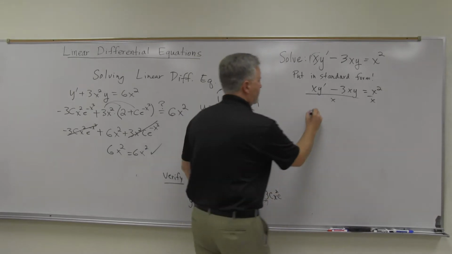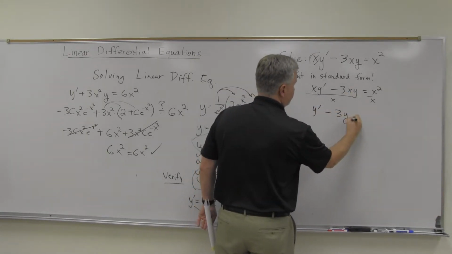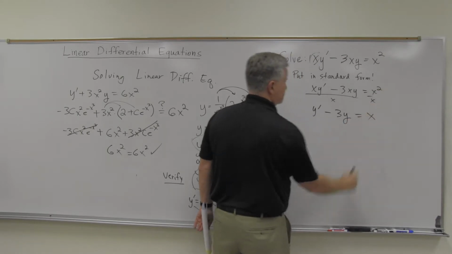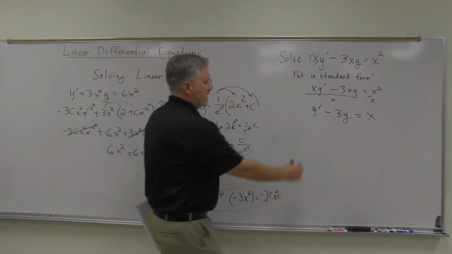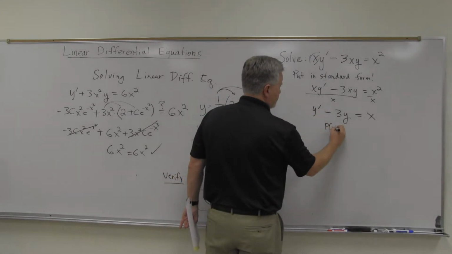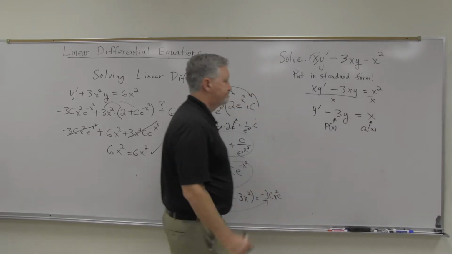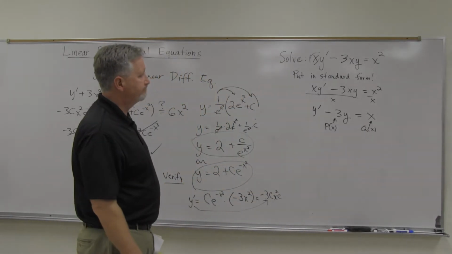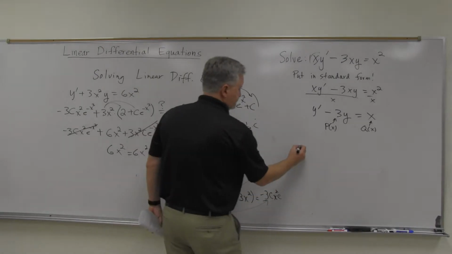That'll make that 1 y prime minus, divide that by x, 3y. And then divide that by x, you got x. Now we're in standard form. I've got the p of x is -3, and this is the q of x. Q of x is just x. So now I'm good to go.